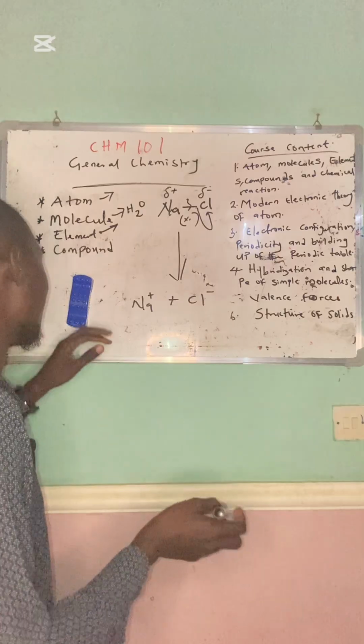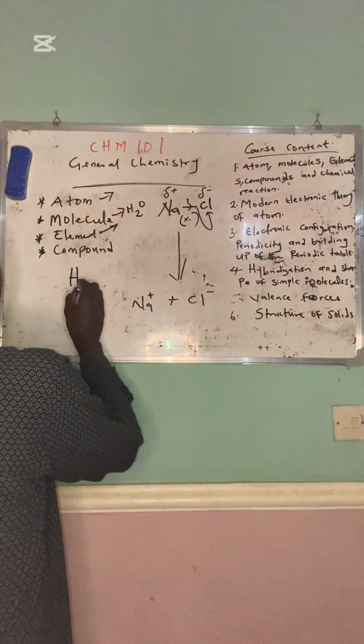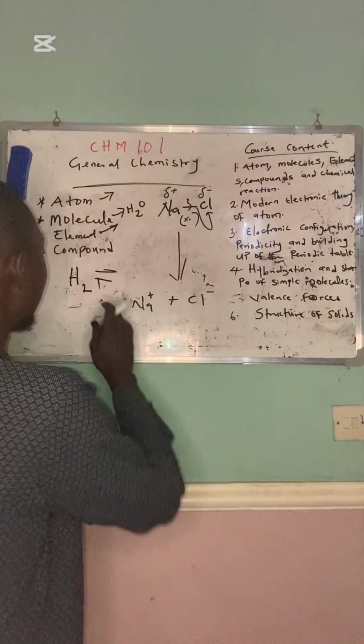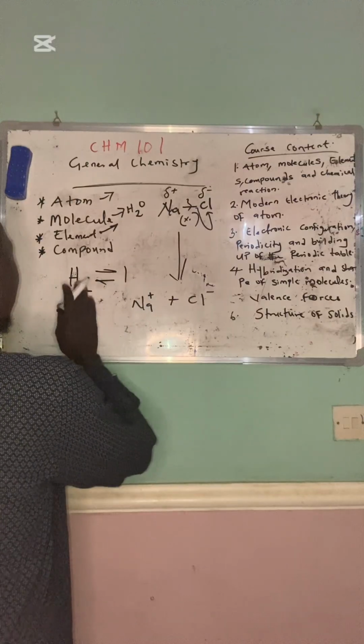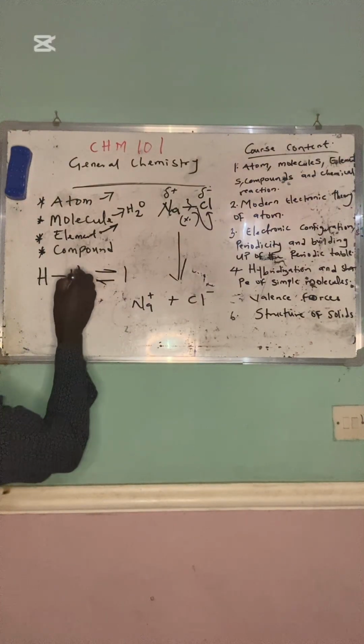So another example is if I have, let's say, a molecule like this, if this should cleave, what you have is, okay, I think I would prefer it to be this way.